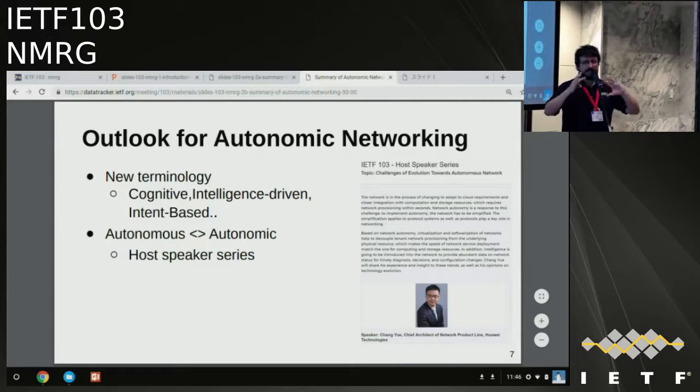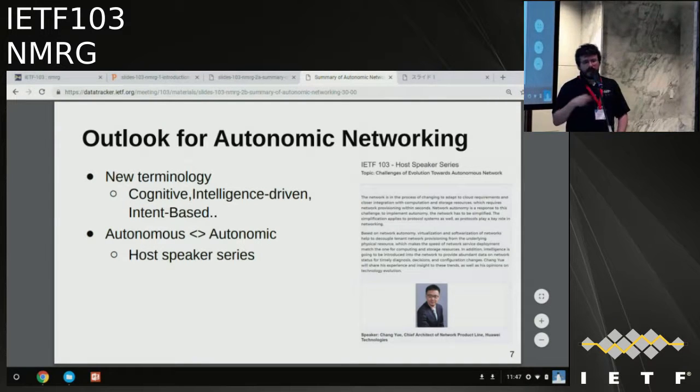So we can say there is some connection there, and there is also lots of work about cognitive networks, intelligence-driven networks, and intent-based networks that also have connections to autonomic networking. So I think it's easy to say that autonomic networking is still something that has interest in the networking community. And there are also new application areas for autonomic networking.